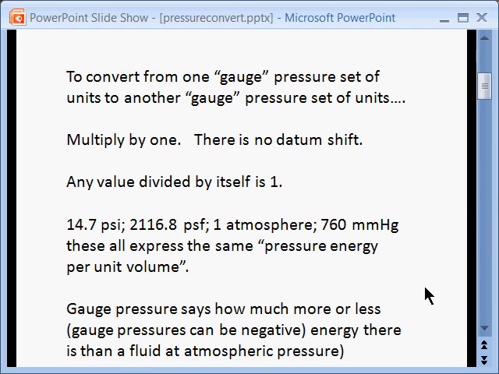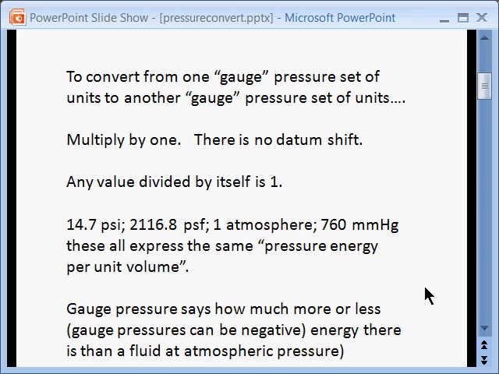All right, to convert from one set of gauge pressures to another, again, there is no datum shift, so all you have to do is multiply by 1. Gauge pressures can be negative. That would be called a vacuum. So one thing you might realize is that vacuums expressed in absolute pressure will have positive numbers because there are only positive numbers on the absolute pressure scale.